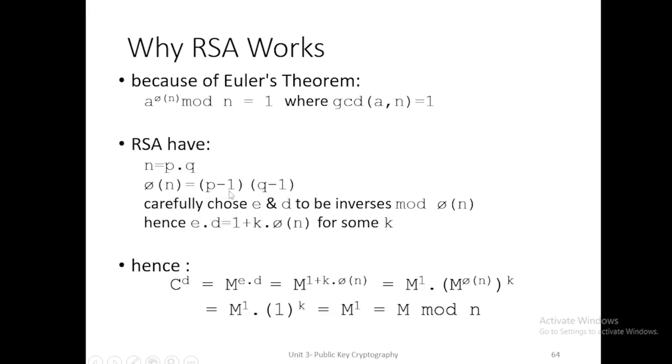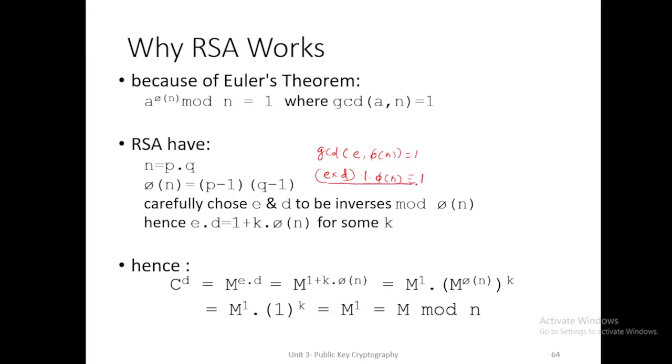So in RSA, we calculate n equal to p into q and phi of n equal to p minus 1 into q minus 1, and we choose E and D from phi of n. We should select E such that GCD of E comma phi of n is equivalent to 1. And for calculating D, E into D mod phi of n should be equivalent to 1.